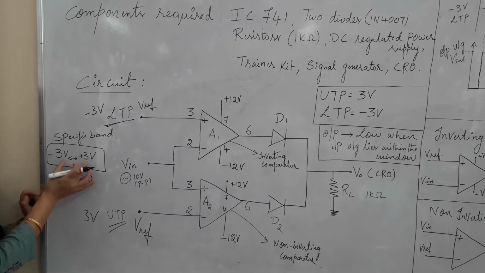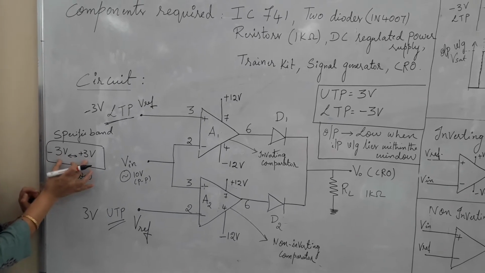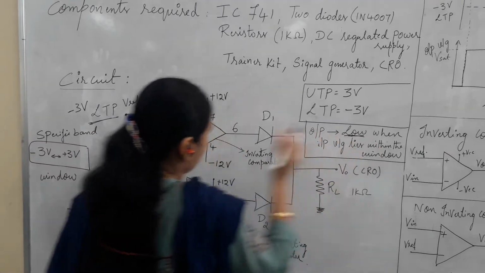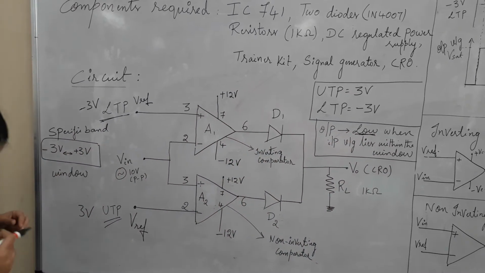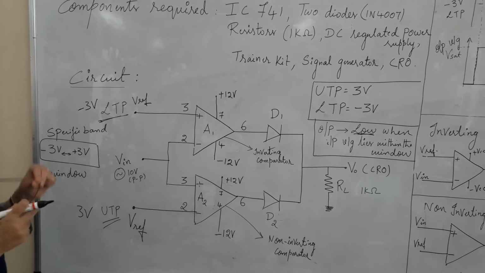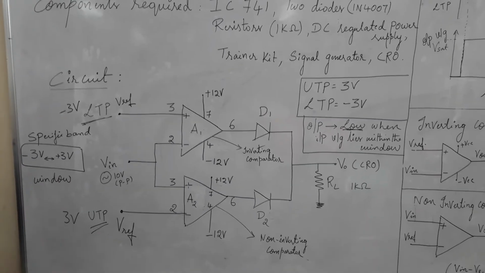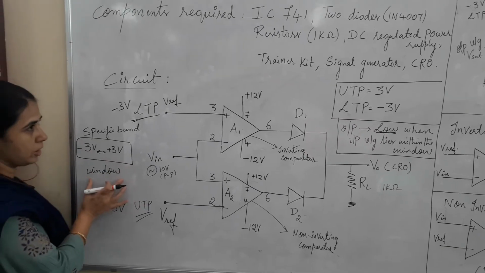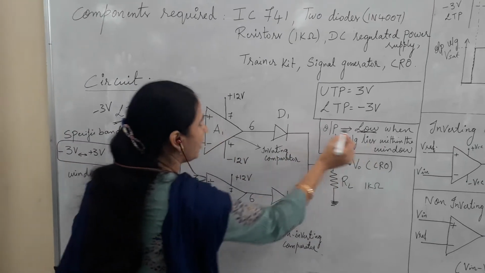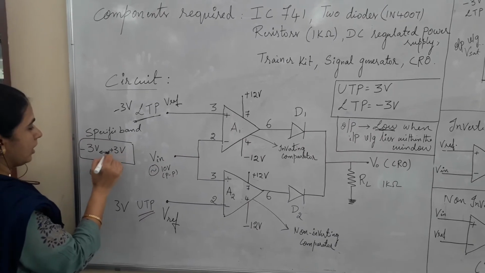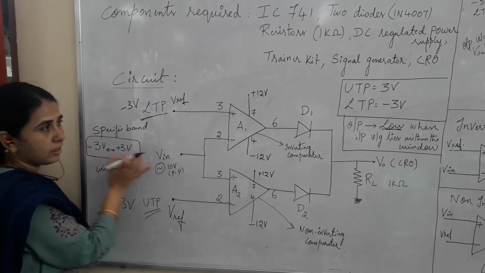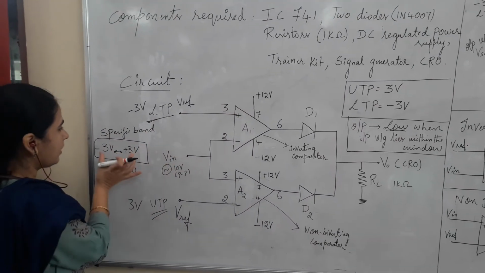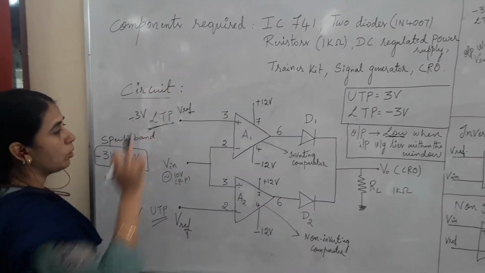That is, if an input is within the range of minus 3 volt to 3 volt, which is called the window, then output goes low. When the input is not within this range, then the output remains high. So since the input is compared with the range, it is called a window comparator.